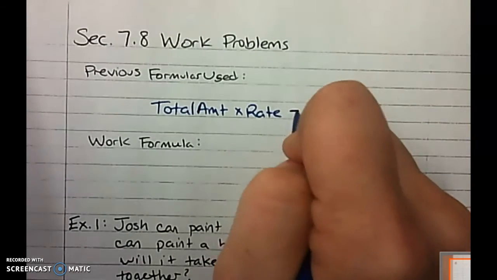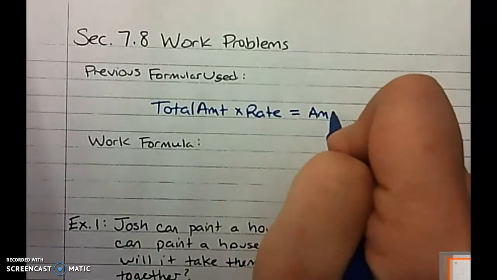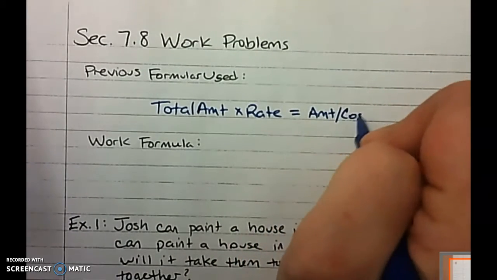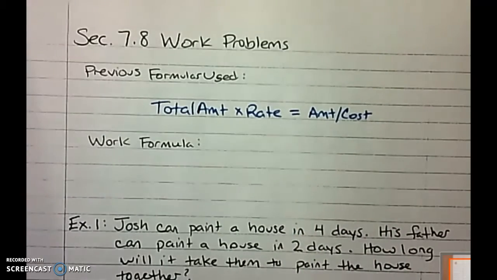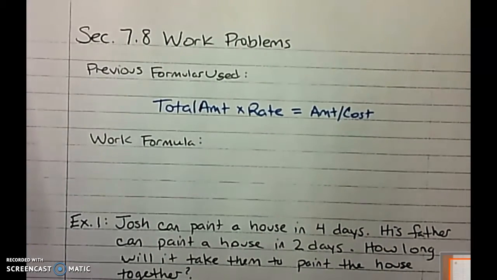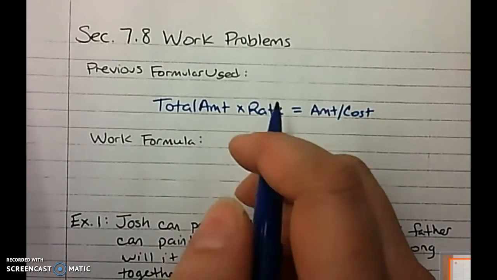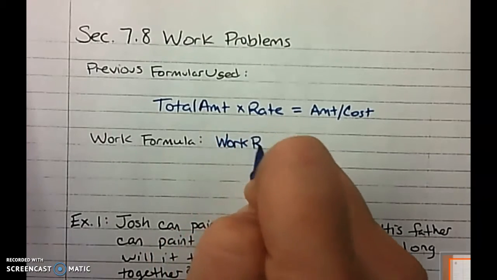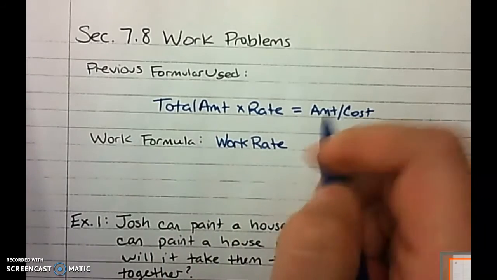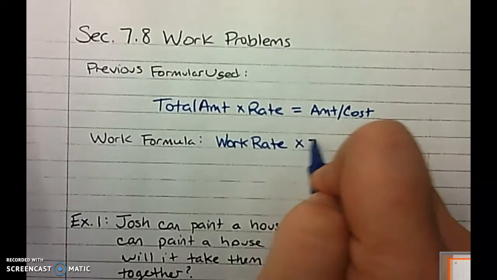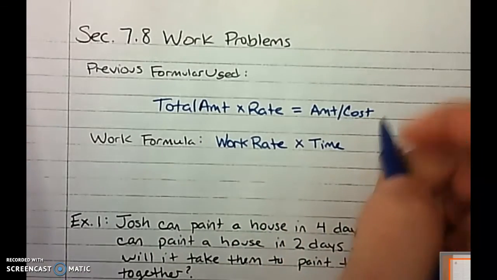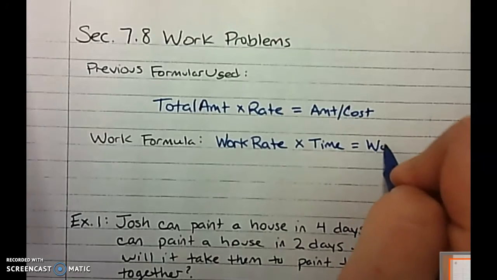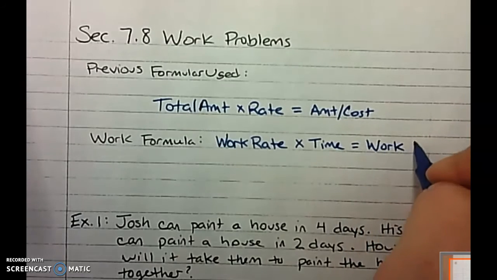And when we multiply those together, we get our amounts, or it might be the cost, or whatever it was in context. So with work, we are going to use a similar type of formula. We're going to have some type of work rate, and we're going to explain what that is in a second, times the time equals the amount of work completed.